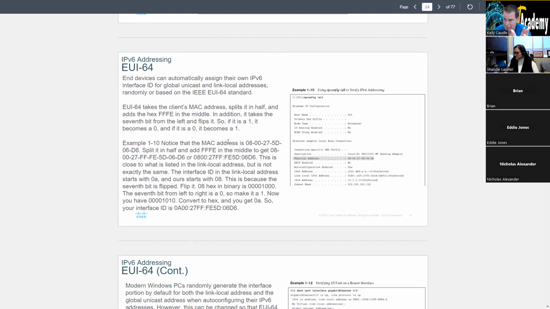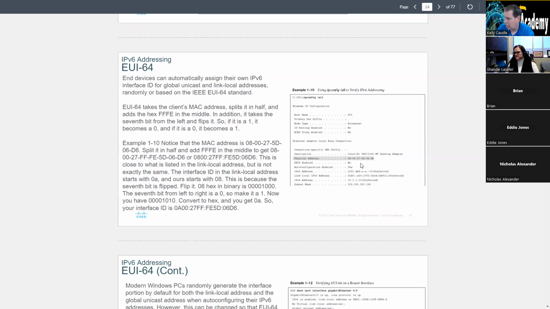It was just to make sure that it was unique. The problem with that is you could be tracked, because all you had to do was reverse this process, and they had your MAC address, and they could track you down exactly where you were. So almost all operating systems now no longer use EUI-64. They use randomly generated host portions for the IPv6 address via SLAAC.